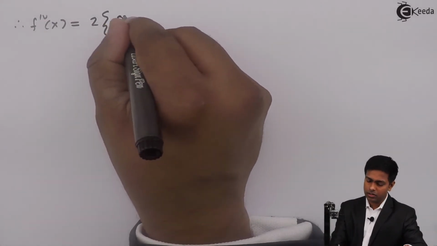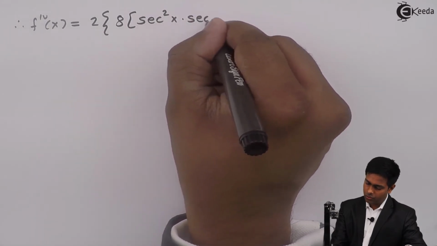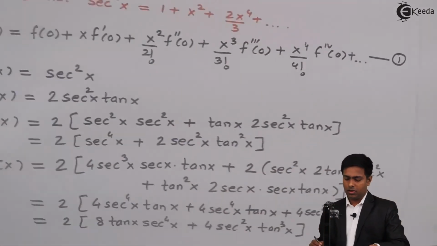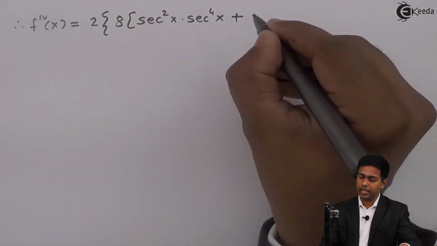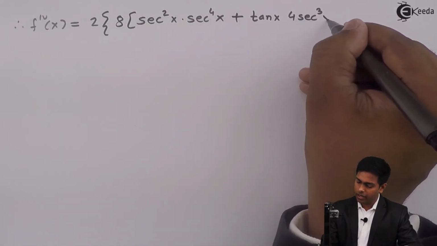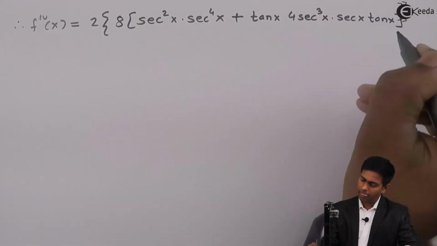So 8 as it is, sec square x into sec raised to 4x, plus, now I'll keep tan x as it is, and the derivative of sec raised to 4x is 4 sec cube x into sec x into tan x.